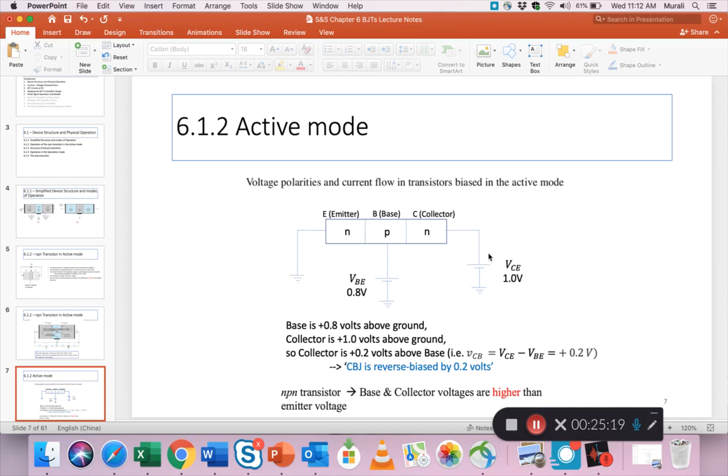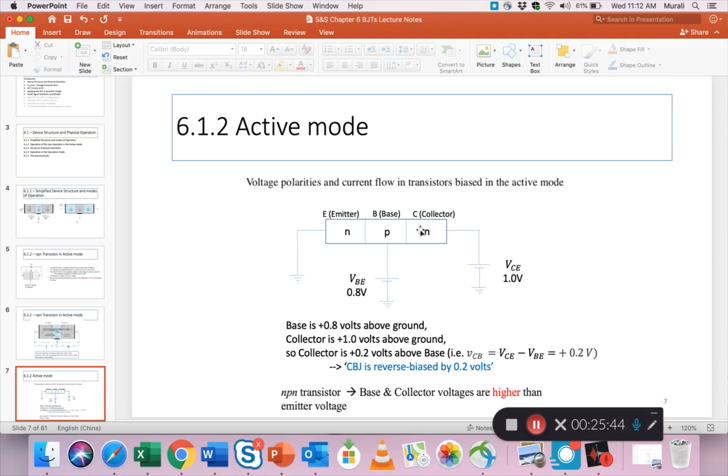Let's call it VCB. So it's connected to the positive 0.2 volts of the VCB voltage, and the base is hence connected to the negative of that imaginary voltage VCB, right?